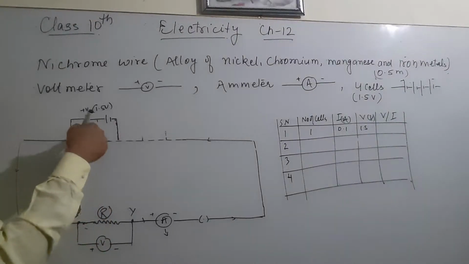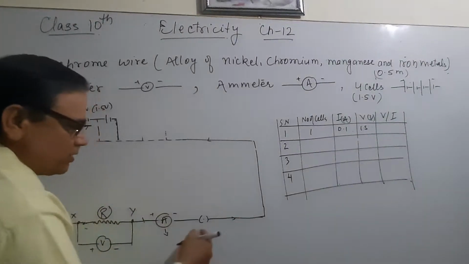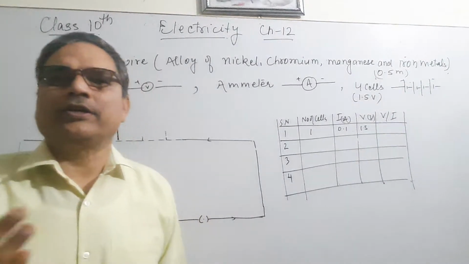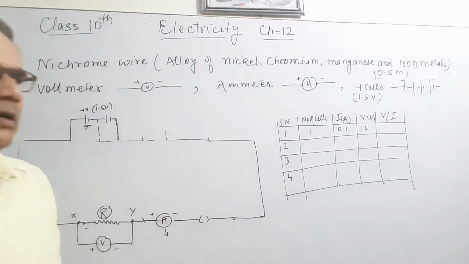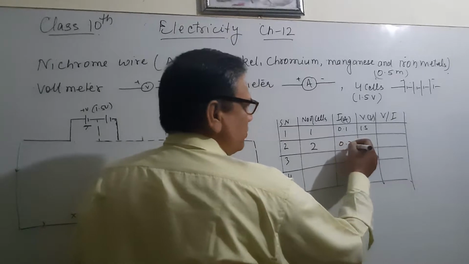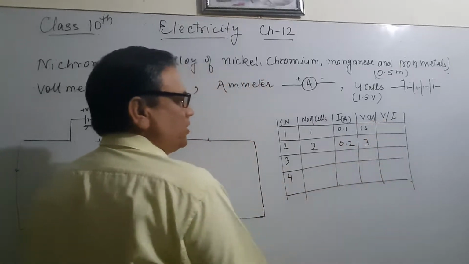And when he arranged 2 cells and noted the reading on the ammeter, what did he see? The reading of the ammeter increased. He noted 0.2 for 2 cells, with a potential difference of 3.